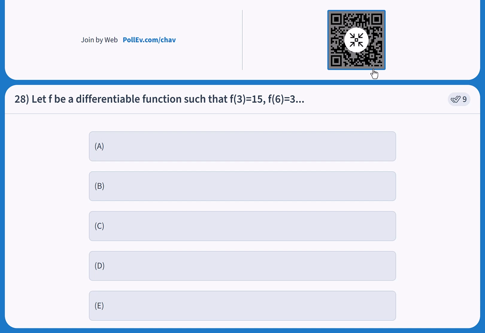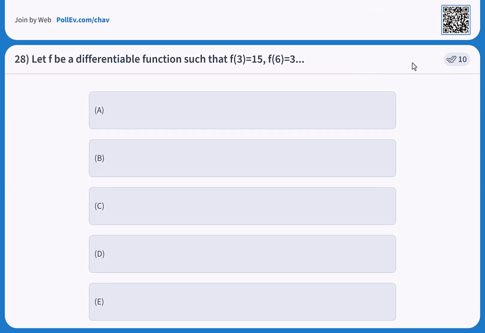Make a table to help you out. You got it?